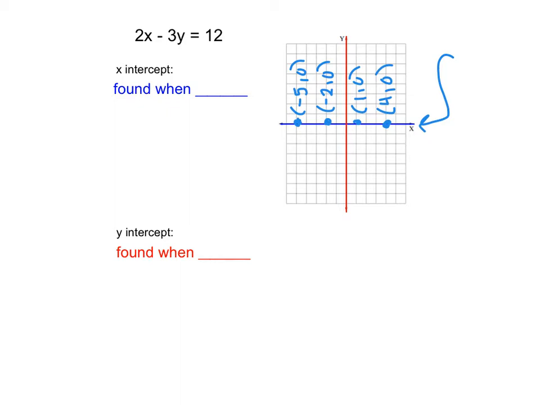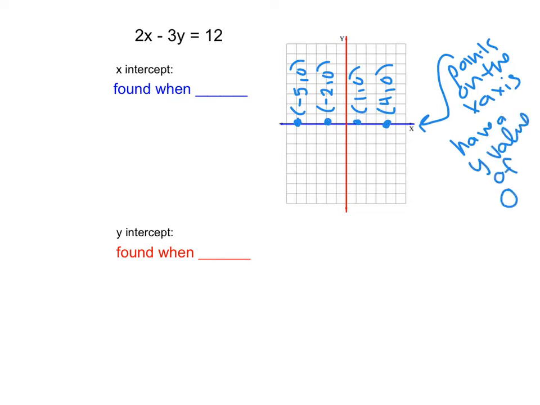What I start to notice is that all of these points have one thing in common. All of the points on the x-axis have a y value of 0, and I'm going to use that to my advantage.